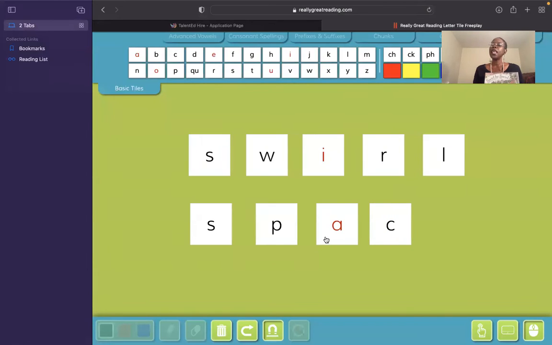And because this A has a long vowel sound, we usually end the word with a silent E. So we have two examples of words that begin with our consonant blend that we found in this wonderful book today. A word that was featured very prominently is the word swirl, S-W-I-R-L. And then a word that we found later on in the book was the word space, S-P-A-C-E.